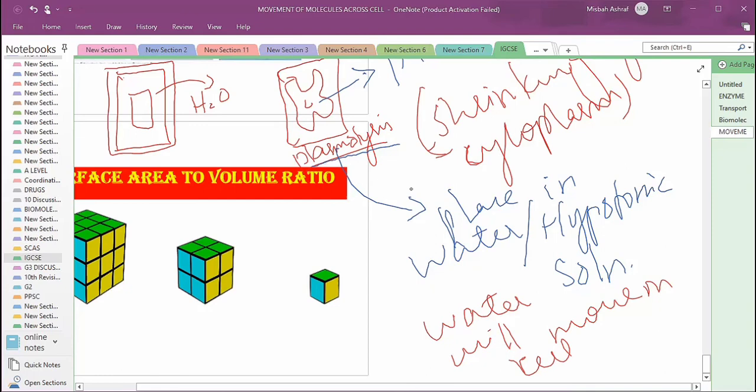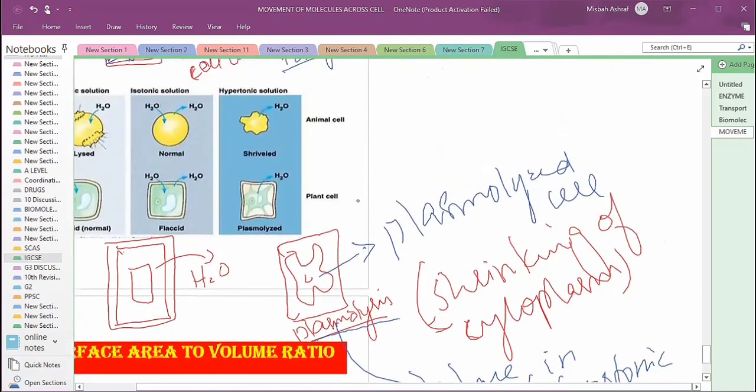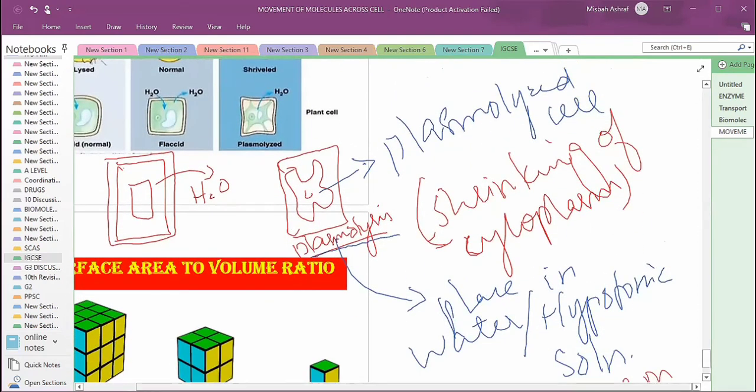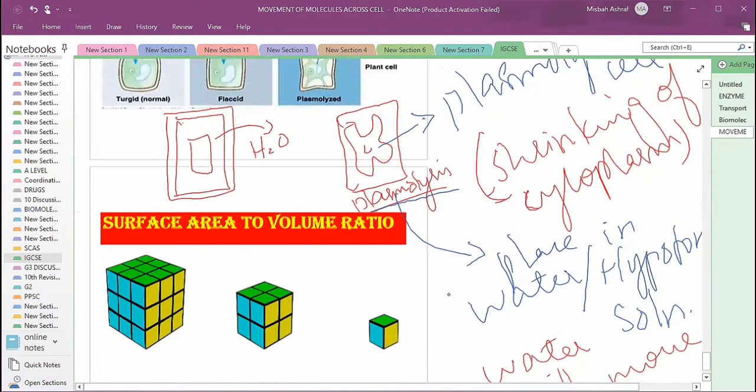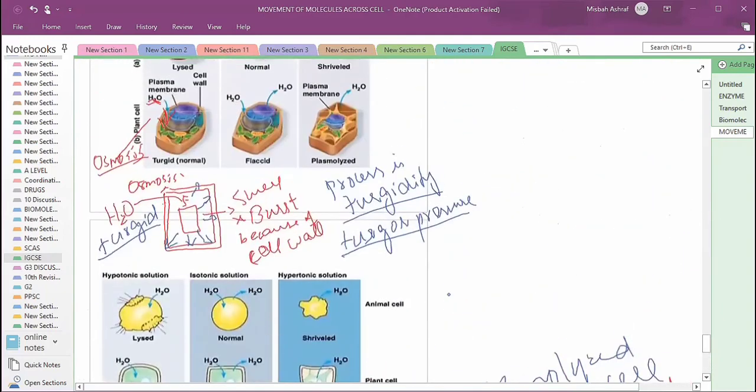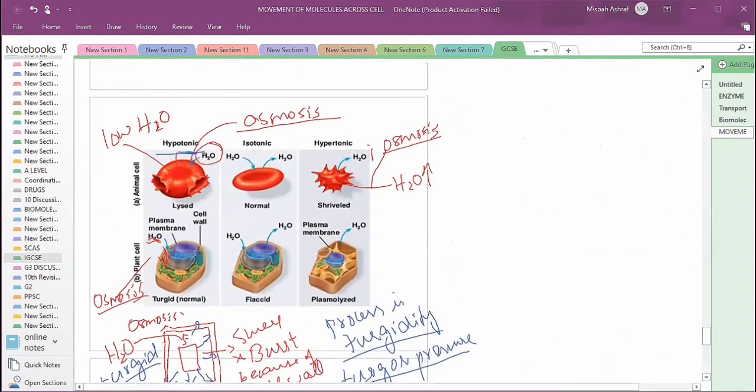If we place a normal cell into this hypotonic solution, it will be turgid. First, this plasmolyzed cell will be deplasmolyzed, and then it will also be turgid if more water continuously moves inside the cell. Right? This was about solutions and osmosis, and this chapter is also completed.